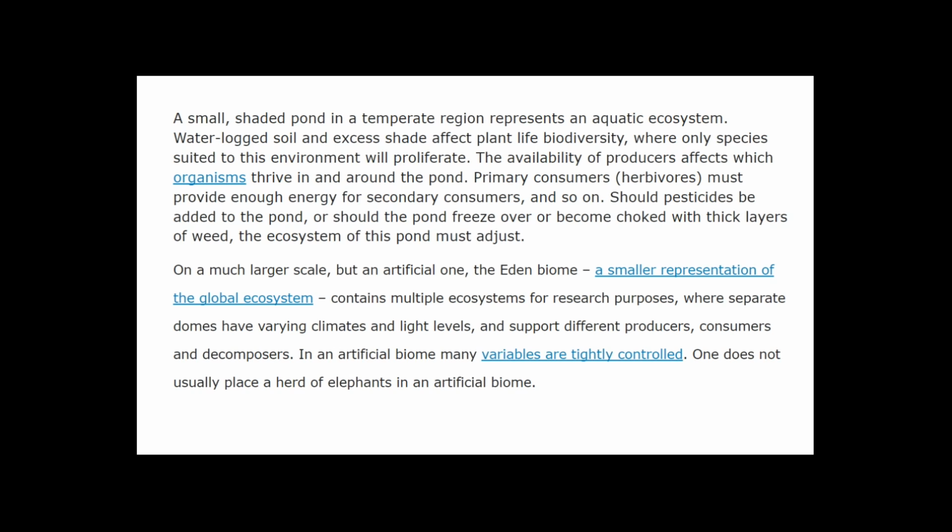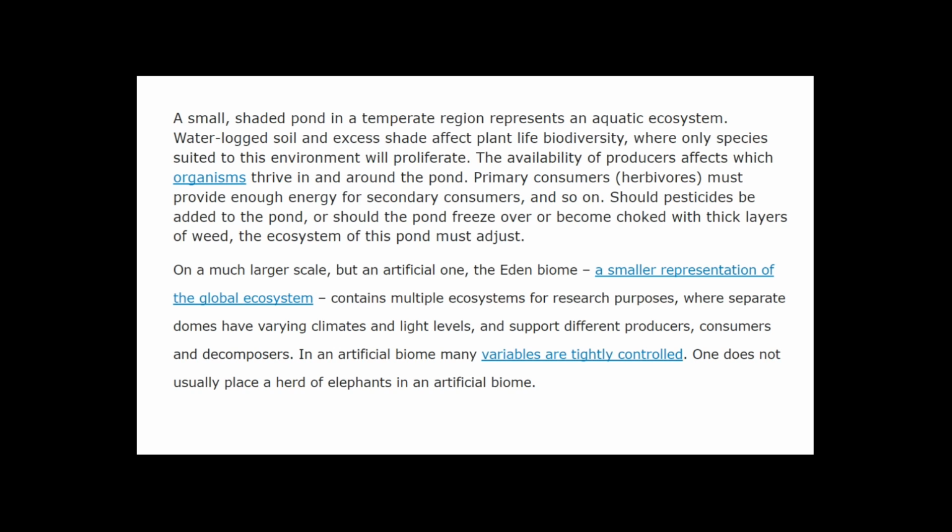On a much smaller scale, but an artificial one, the Eden biome is a smaller representation of a global ecosystem, containing multiple ecosystems for research purposes. You're going to look at the Eden biome by yourselves, because it's a video which is attached to this presentation, where separate domes have varying climates and light levels and support different producers, consumers, and decomposers.